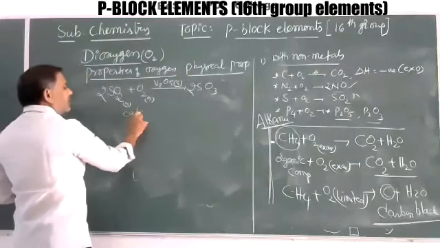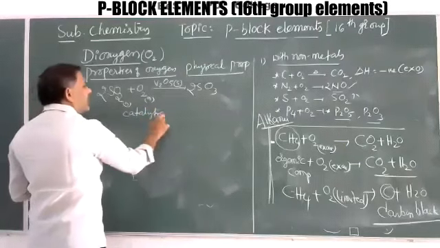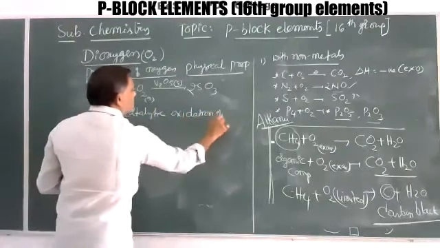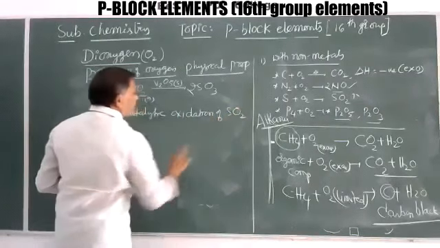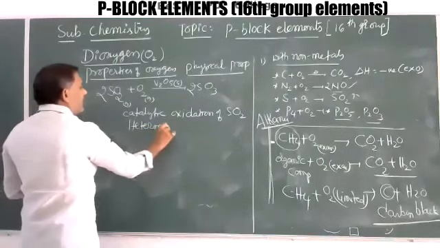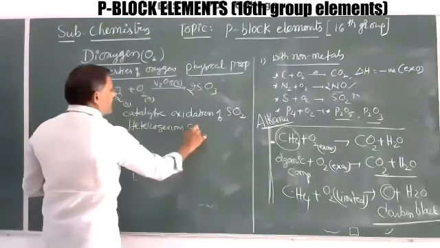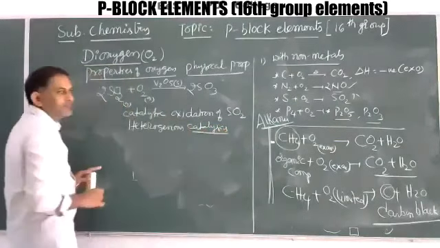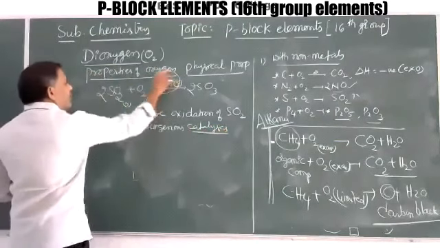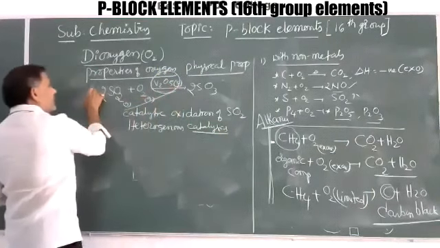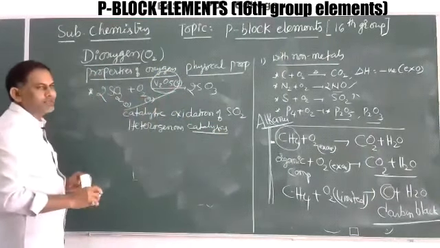This is called catalytic oxidation of sulfur dioxide, SO2. It is a heterogeneous catalysis reaction. Heterogeneous, because V2O5 is a solid and these two are gases. They are in different phases. That's why it is a heterogeneous catalysis.